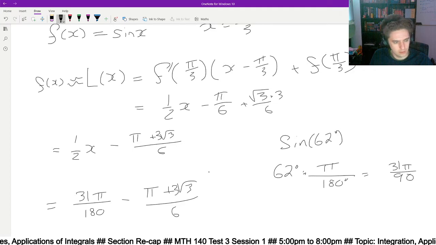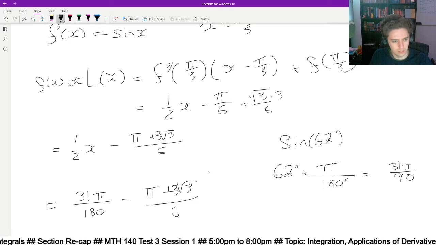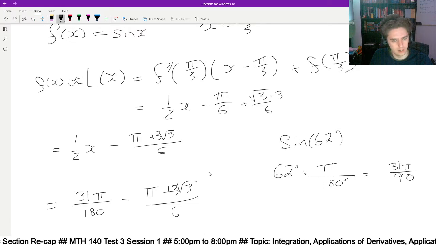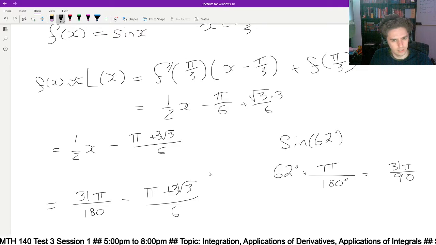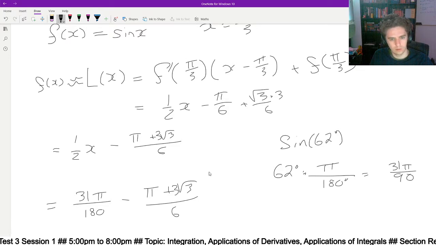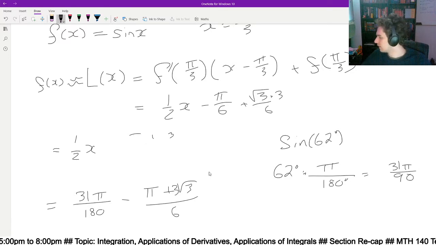I pretty much have the same thing. I don't quite know. Negative root 3. I guess this is not correct here. That's not right.